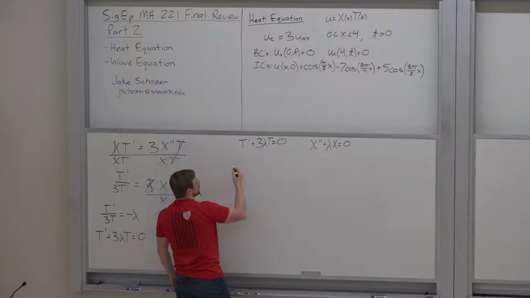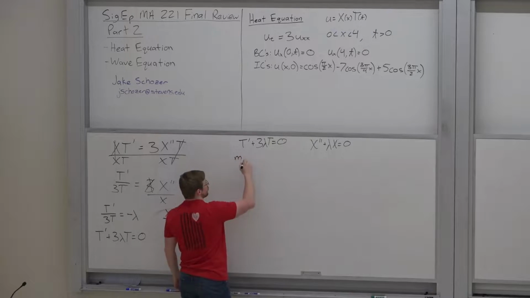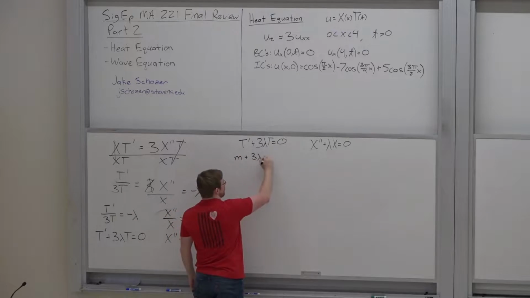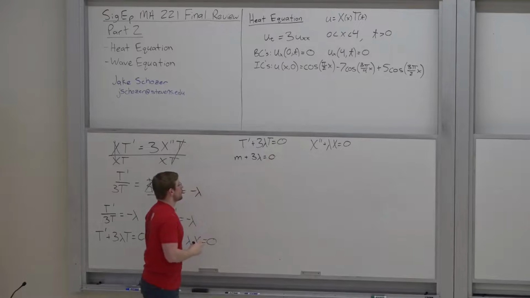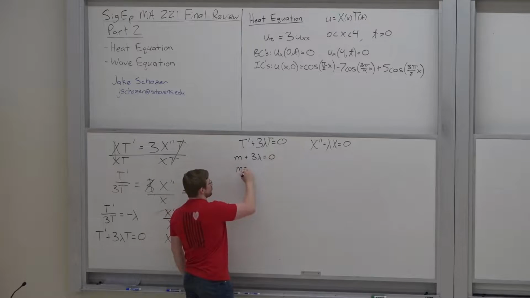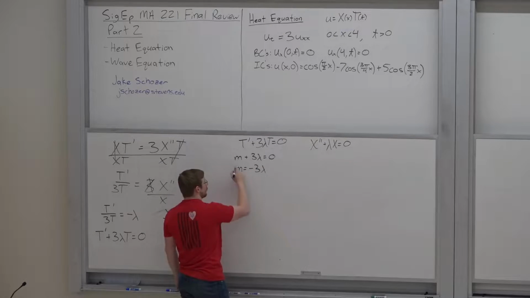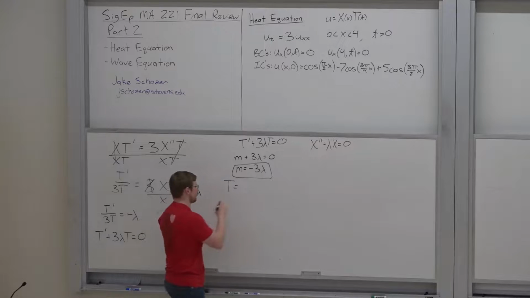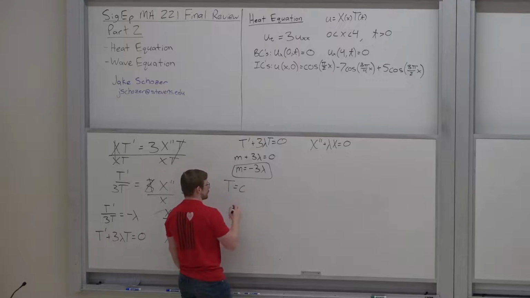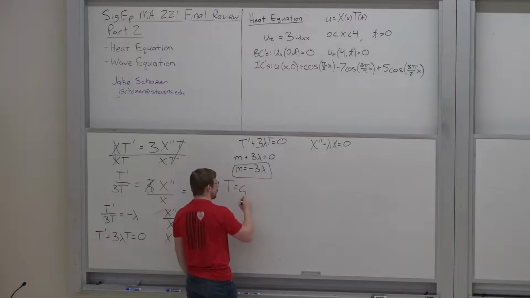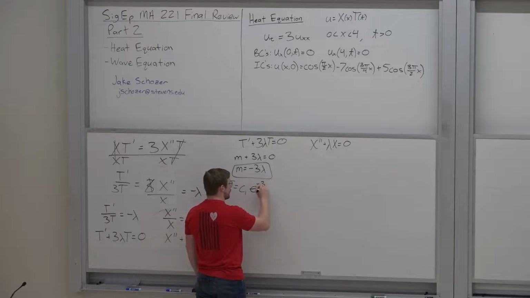Now I have a T prime, so this is going to be m to the first power plus 3 lambda is equal to 0, which means that m is going to be equal to negative 3 lambda. So the form for this answer, my function T, is going to equal some constant, c1 times e to the negative 3 lambda lowercase t.